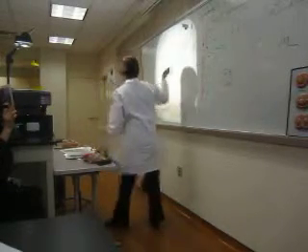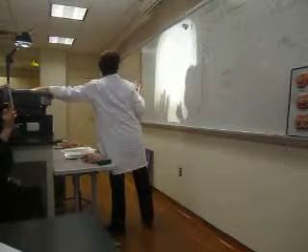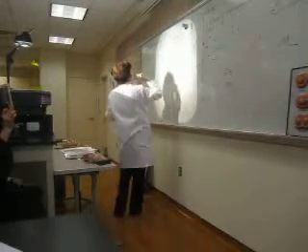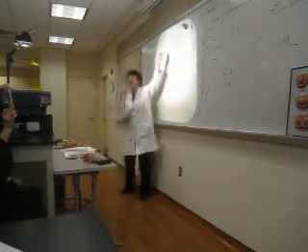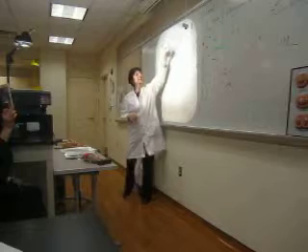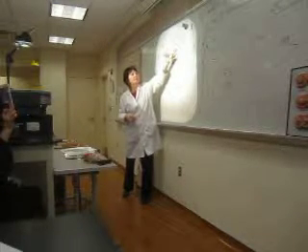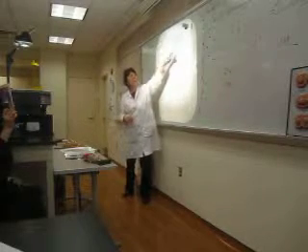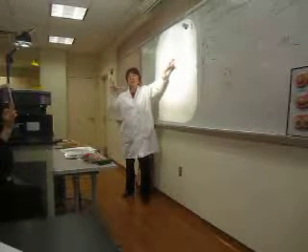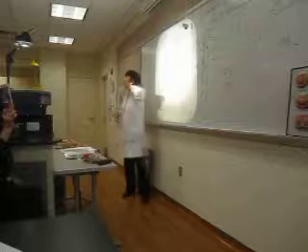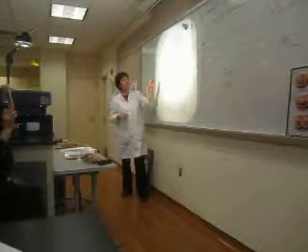So if we translate that into the testis where we were, the spermatogonia is the stem cell up here. After puberty, it becomes a primary spermatocyte. The primary spermatocyte, after the first meiotic division, becomes two secondary spermatocytes.